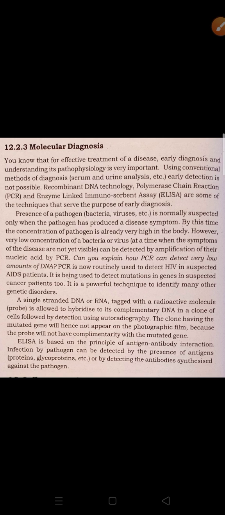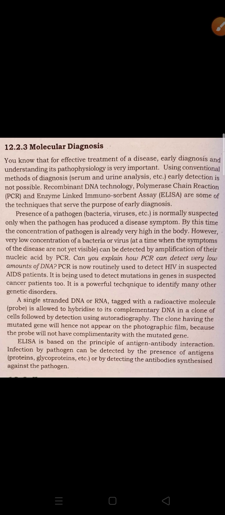The presence of different pathogens, like bacterial infection and viral infection, can also be diagnosed by different genetic engineering tools like PCR. PCR is very important, children. By the amplification of particular DNA, we can easily identify whether it is defective DNA or normal DNA.